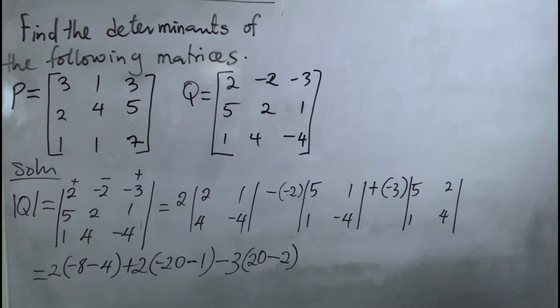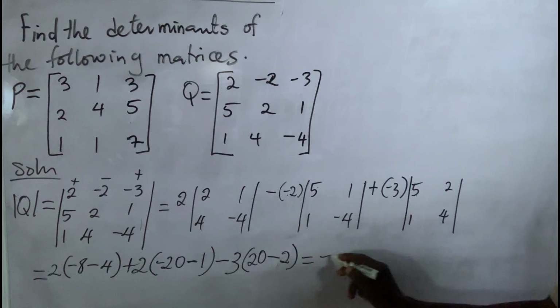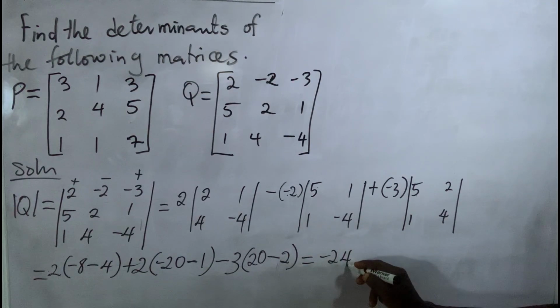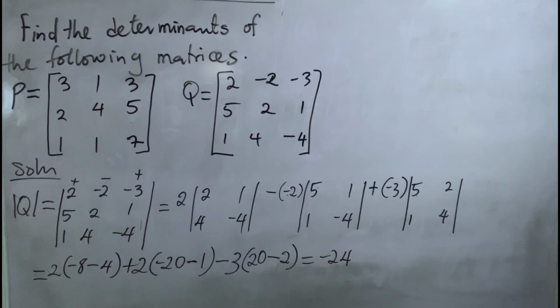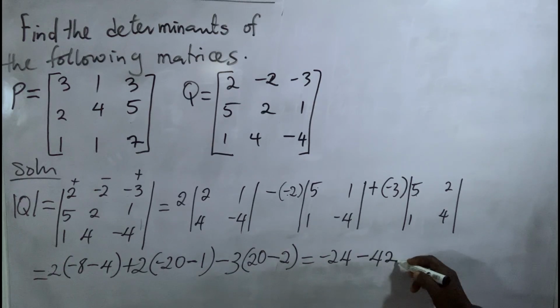So now we are ready to simplify. The first bracket, we have minus 8 minus 4, which is minus 12. Minus 12 times 2 is minus 24. Then you go to the next bracket. Minus 20 minus 1 is minus 21. Minus 21 times positive 2 will give me minus 42.